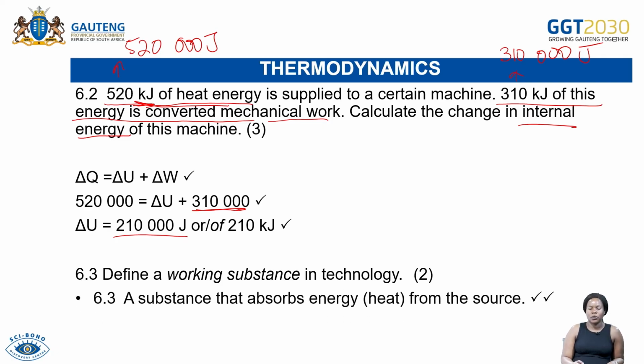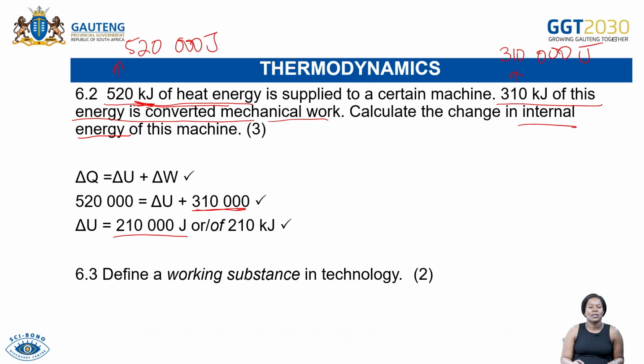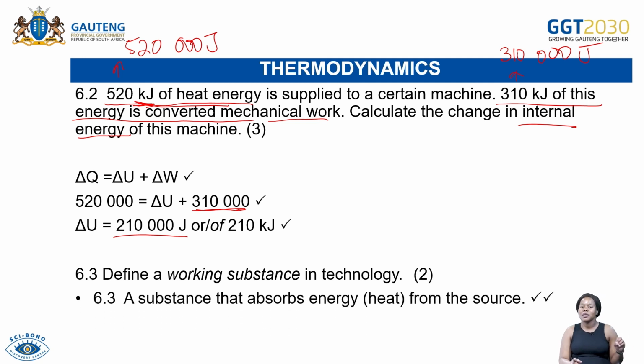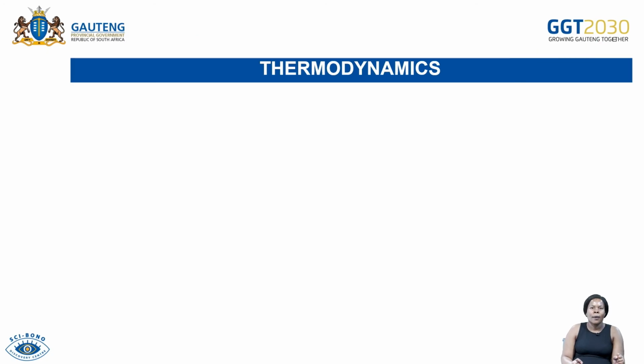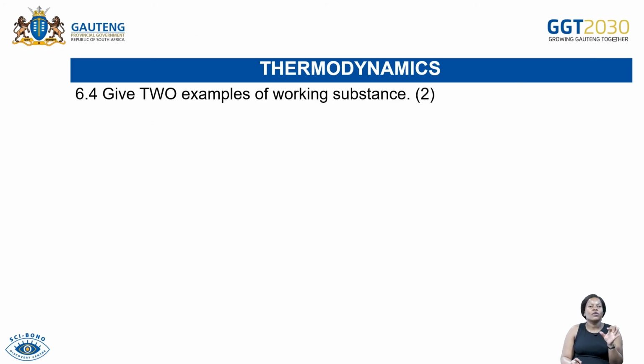And then 6.3, we have to define a working substance in technology. Remember, it is a substance that absorbs the energy, or heat in this case, from the source. What we do with it, you already know. We are increasing the internal energy. We are also doing work against the external forces. 6.4 goes on to say, give 2 examples of a working substance.